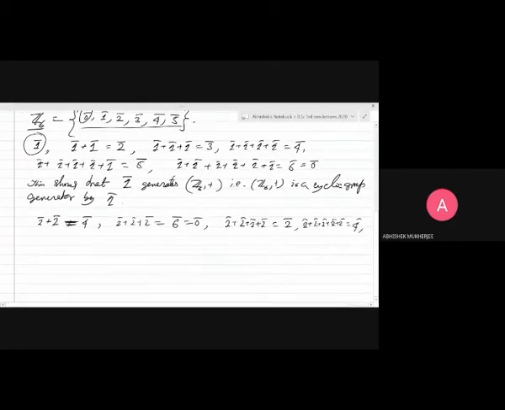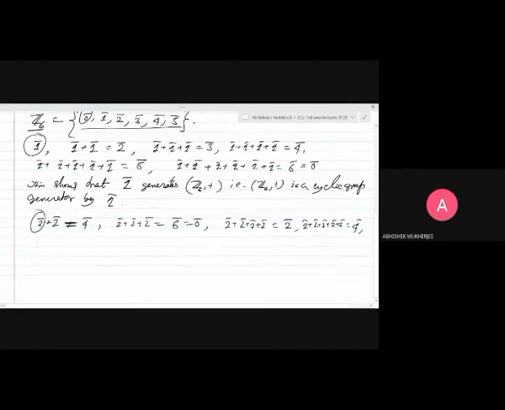And if you add one more 2 class, it will give 6 class, that is 0 class. So this 2 class is not a generator of this group, right?